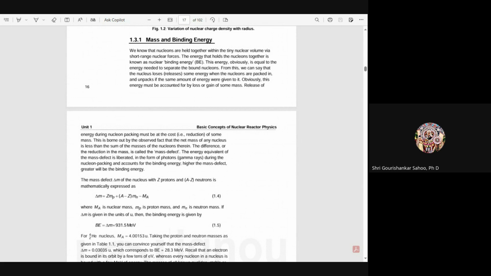In the nucleus, you have a number of protons which are positively charged. So these like charges must repel each other, but they are beautifully placed in the nucleus and never go out from that nuclear region. So there must be a binding energy that is responsible for overcoming the repulsive force between protons, and this is nothing but the binding energy, BE.